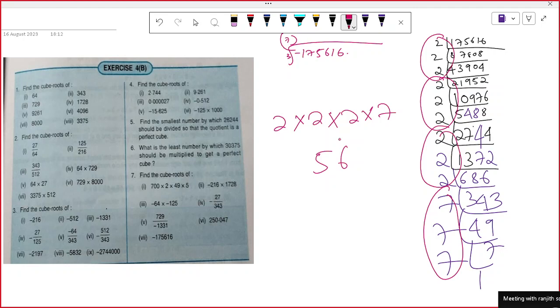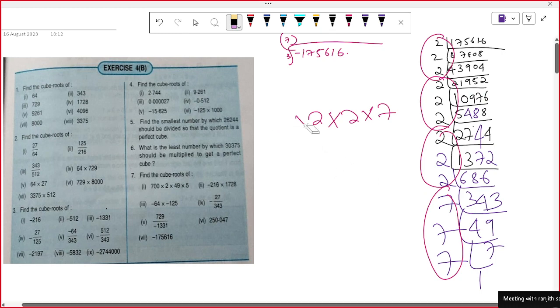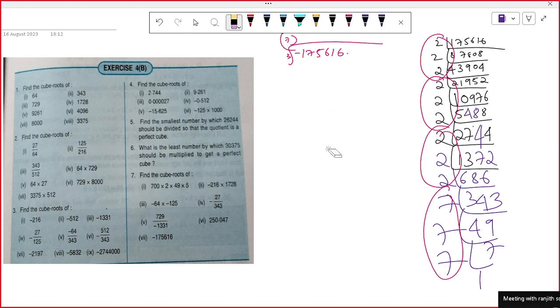Okay, sir. You can skip the question, right? No, sir. Yeah, if you feel it's difficult, lengthy, just skip the question. You'll get 0. That's the easiest method.